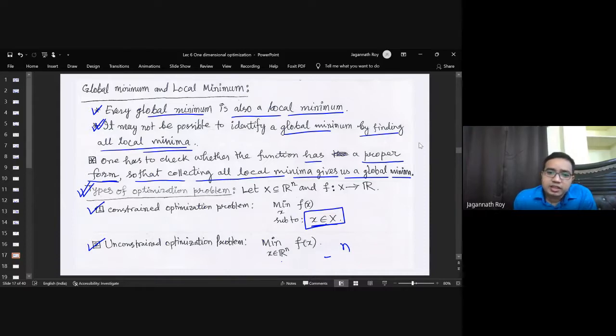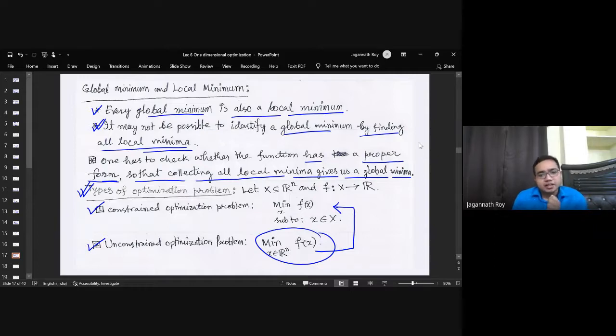You may think, if this is not a realistic situation, then why are we studying it? Real problems will be constrained problems, but in order to solve them, we need the knowledge of unconstrained optimization. So we first understand the notions of unconstrained optimization.